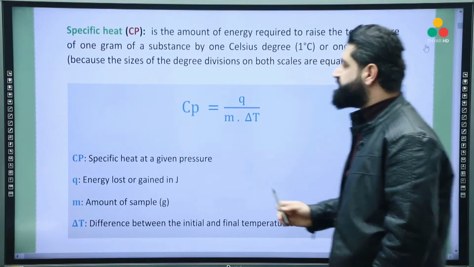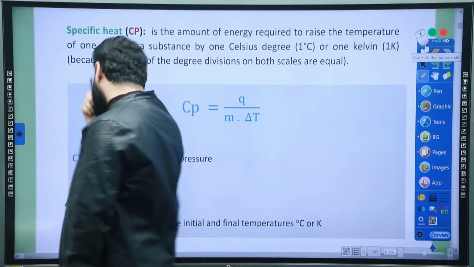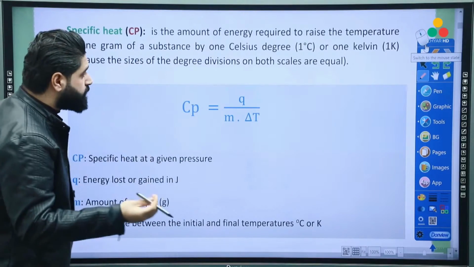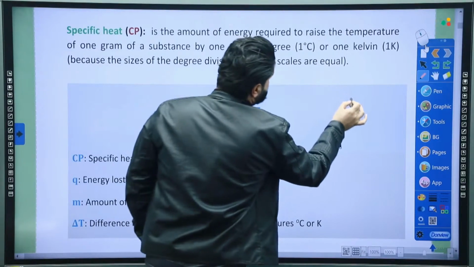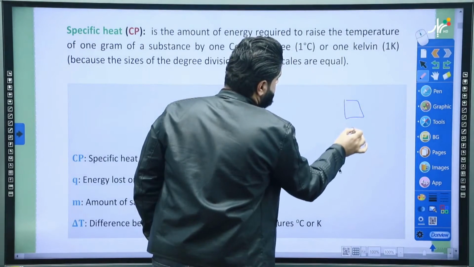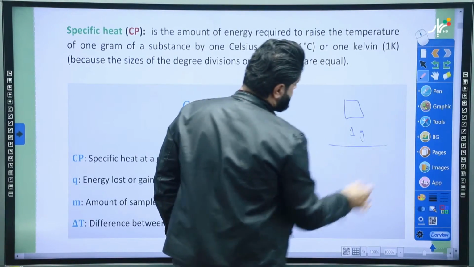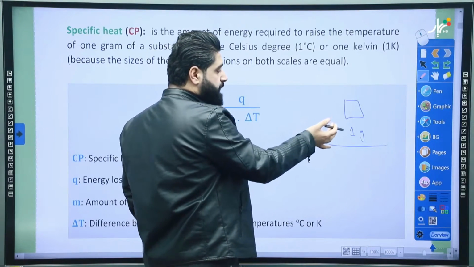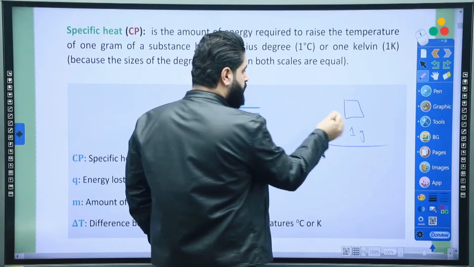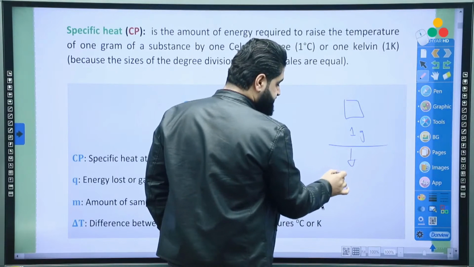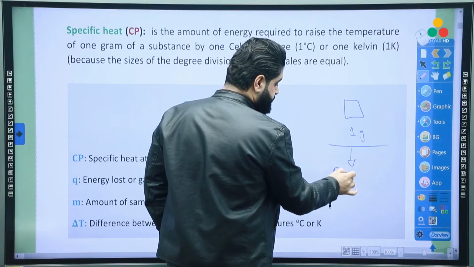Let me simplify the definition of specific heat. It's very simple. Look, suppose that we have 1 gram of sample. We want to raise its temperature by 1 Celsius degree or 1 Kelvin.